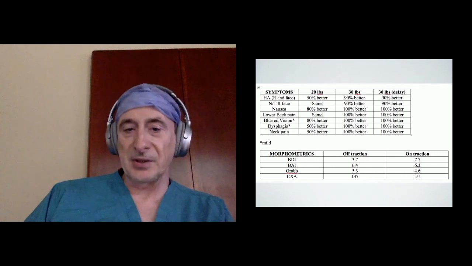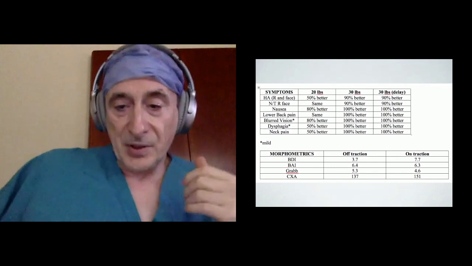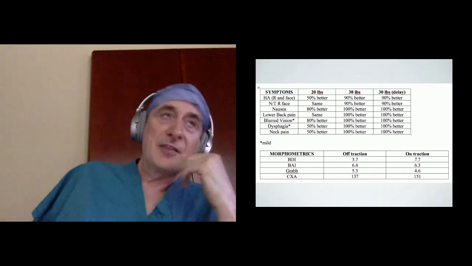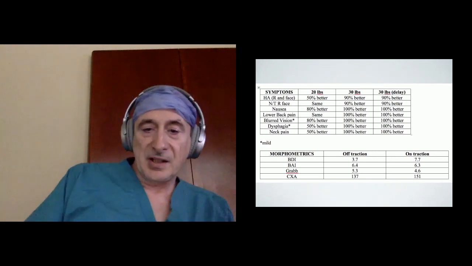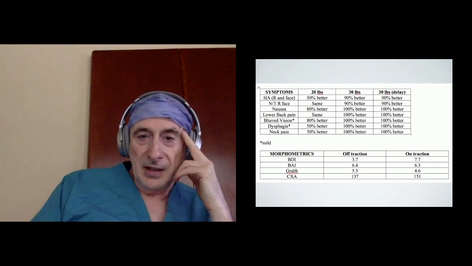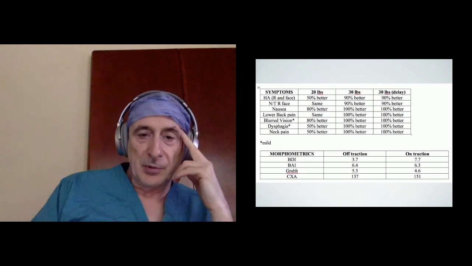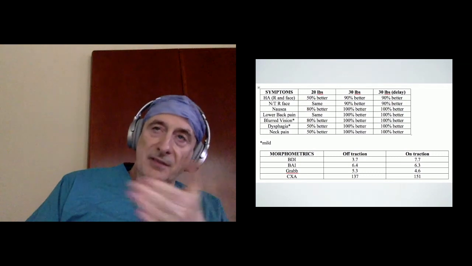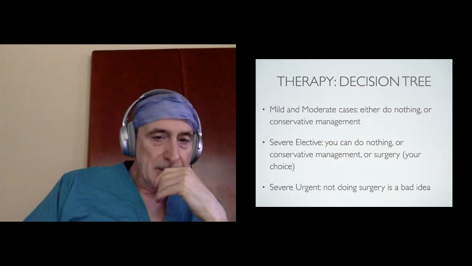Once they pass a certain threshold, for example, the BDI here under traction was 3.7, and if it changes by more than 2 millimeters, that's a sign of cranial settling. In this case, it changed by 4 millimeters, and all the symptoms were, as you see, very much improved at 30 pounds. So at that point, we have confirmation of the patient's instability, and in the face of the compromised quality of life and other factors, she was surgical grade.